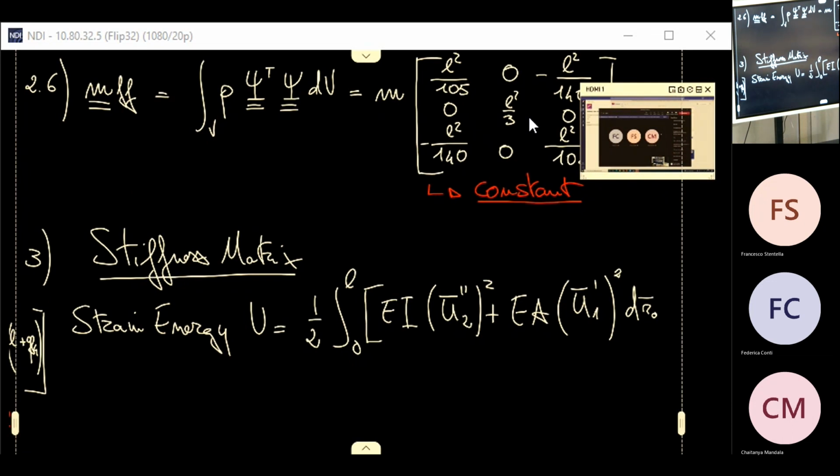So this is quite straightforward, no? So the first term is associated to what? Anyone has an idea? So these are two terms, no? In the elastic energy. The first one is associated to what? Bending. And the second one? So axial deformation.